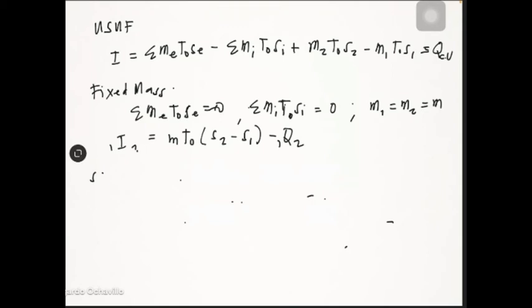So the exergy per unit mass, or exergy or availability, those are synonymous.